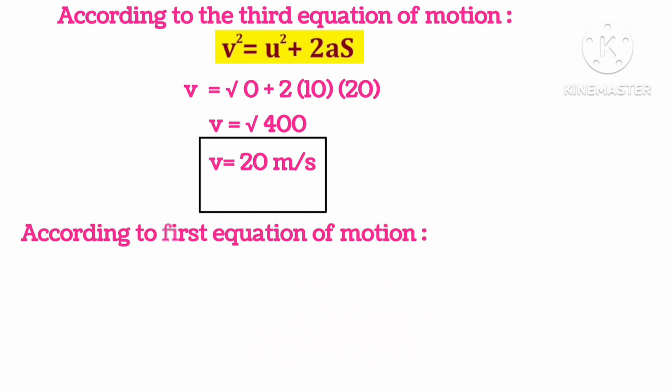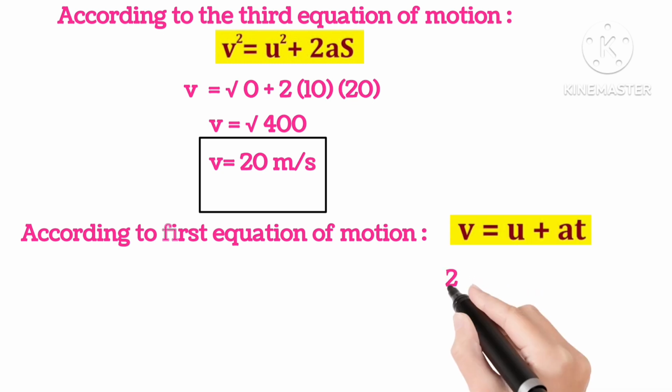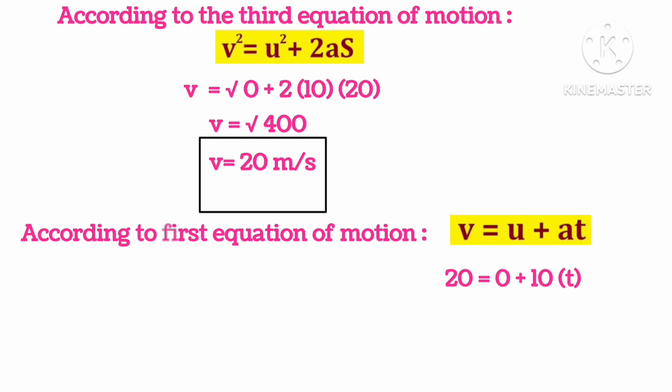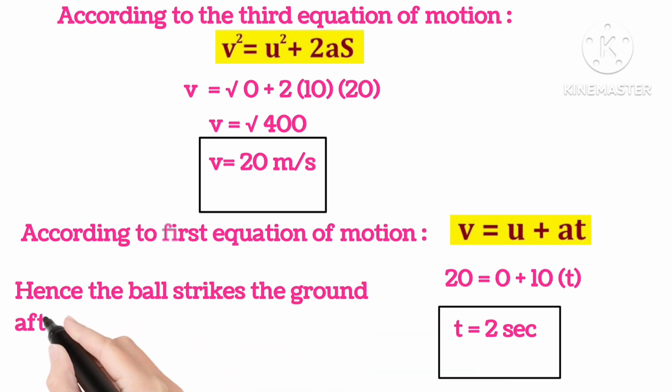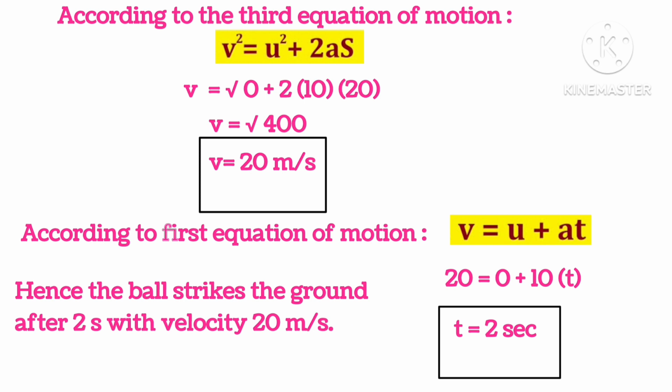According to first equation of motion, V is equal to U plus AT. So putting all the values, we can find out the time. So here the time is equal to 2 seconds. Hence the ball strikes the ground after 2 seconds with velocity 20 meter per second.